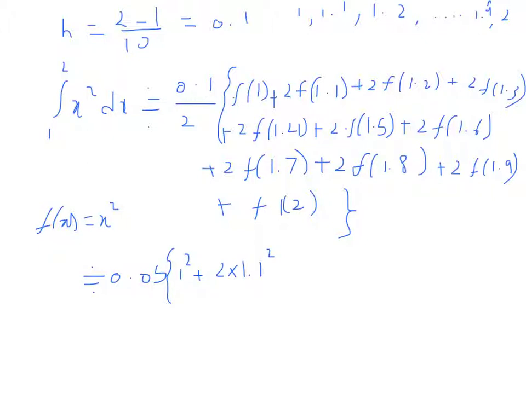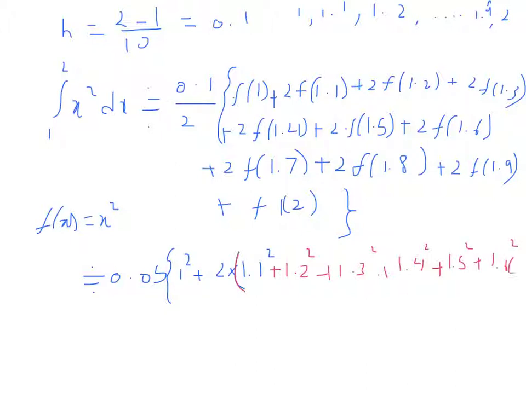Or we could make it easier, put a bracket here, and say 2 multiplied by everything else on the inside. So we have 2 bracket 1.1 squared, 1.2 squared, until we get to the end of it.